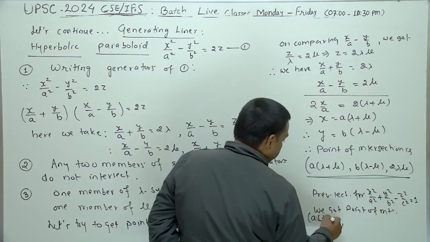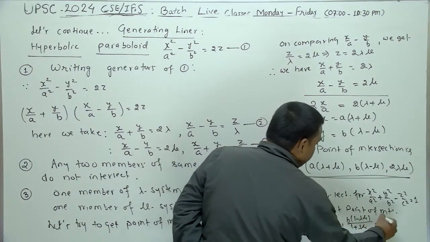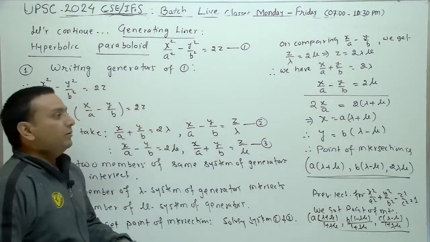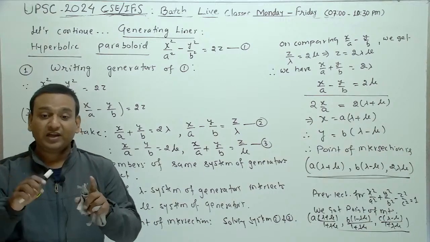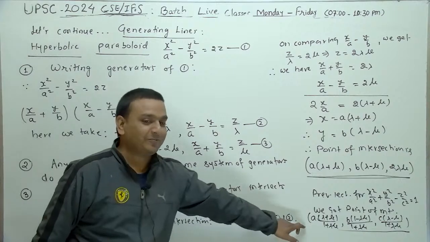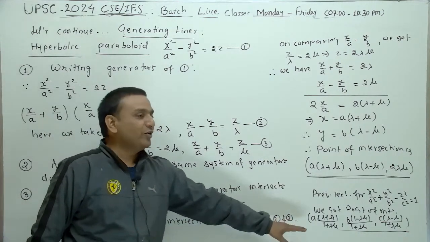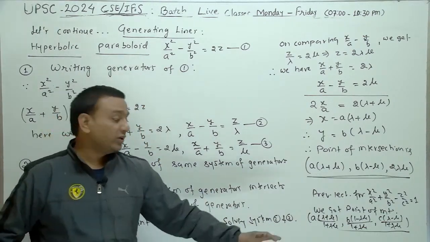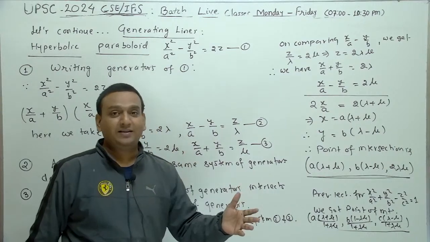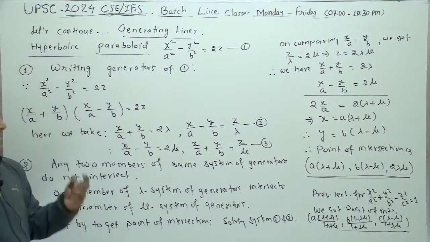A into lambda plus mu, b into 1 minus lambda mu, and c into lambda minus mu upon 1 plus lambda. So, if you observe, dear fellows, in the previous lecture we put in a lot of effort to reach here. Say yes or no. In the previous lecture we invested almost 1 hour to reach here, but today it is just a reflection of that. That is the beauty of learning concepts, the beauty of investing time in concepts. Please note down.